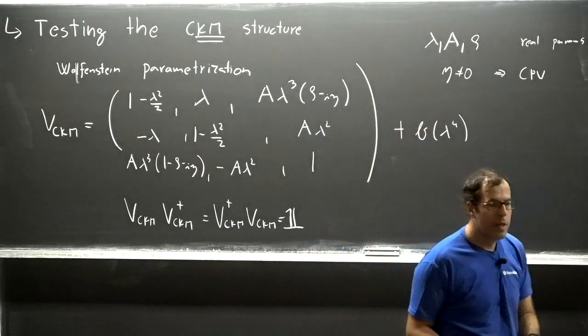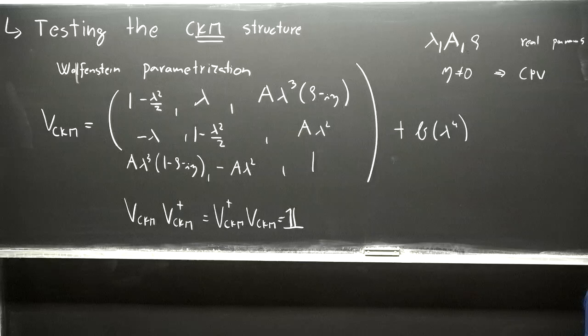Yes? Just to be clear about this expansion parameter lambda, it's an observation that things seem to get smaller numerically, but there's no actual expansion that you've done in some underlying thing to get that. Correct. So the comment was that I'm talking about an expansion.